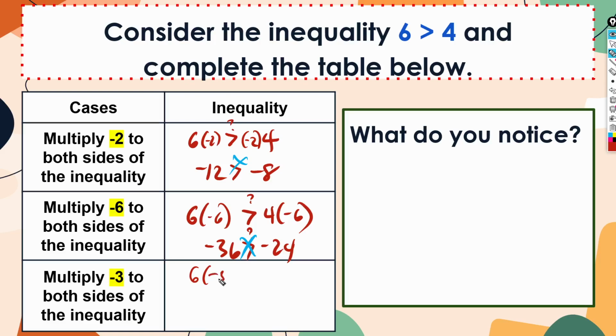6 times negative 3 and 4 times negative 3. Magkakamali na rin yata ito. Negative 18 is not greater than negative 12, di ba? Again, this is an incorrect statement. Paano sila magiging tama? Imagine, nag-multiply ka ng negative number, tapos nagkakamali na yung inequality mo.